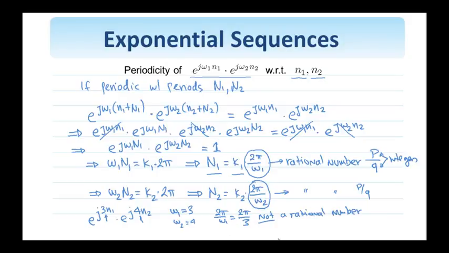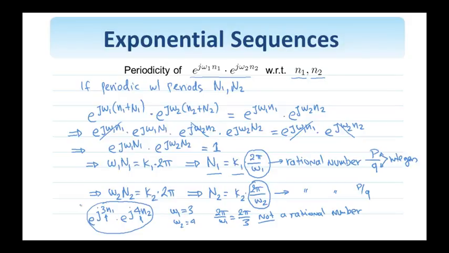And the same is true for 2 pi over omega 2. Therefore, this two-dimensional complex exponential is not periodic with respect to n1 and n2. And this analysis again holds true for one-dimensional discrete complex exponential signals, three-dimensional, four-dimensional, multi-dimensional complex exponentials in general.